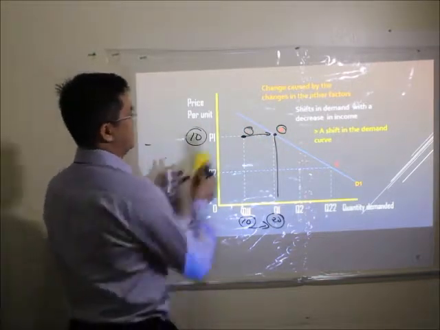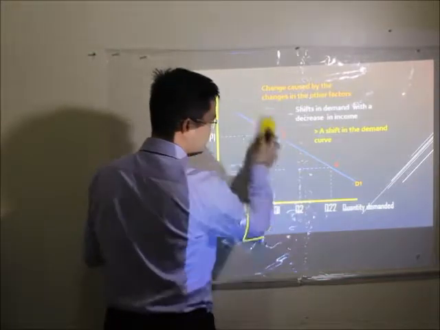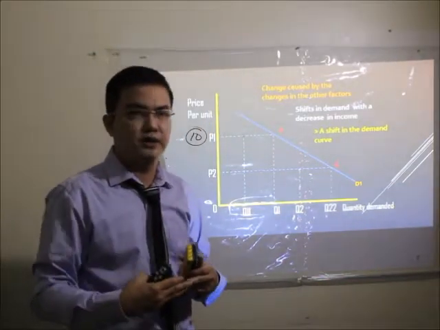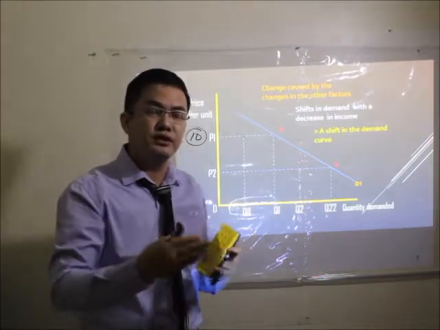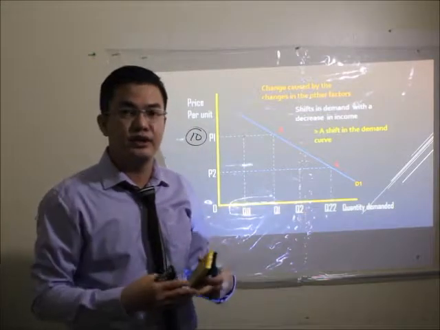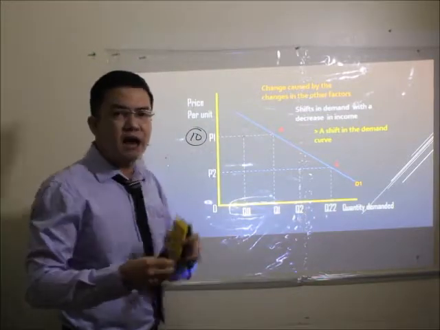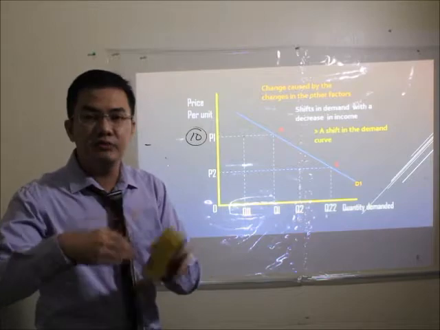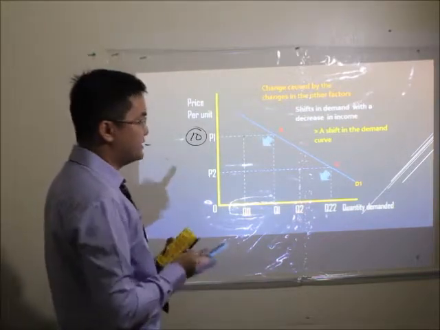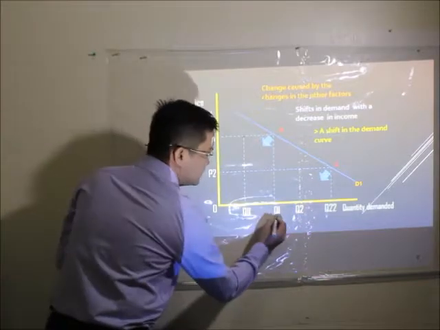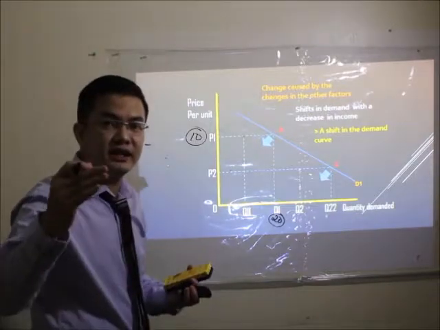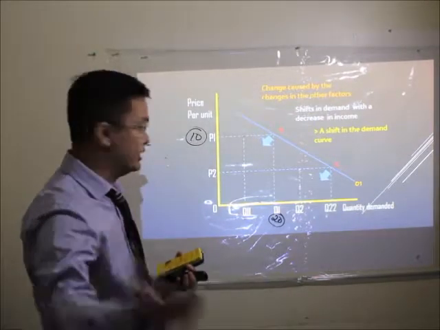What if, for example, you are a teacher, you have your own salary, but you already have another business, regardless of your salary. Now, what will happen if your income decreases? If we use this example, we can see that from the previous 20 goods you can afford to buy, because the salary decreases, what will happen now?